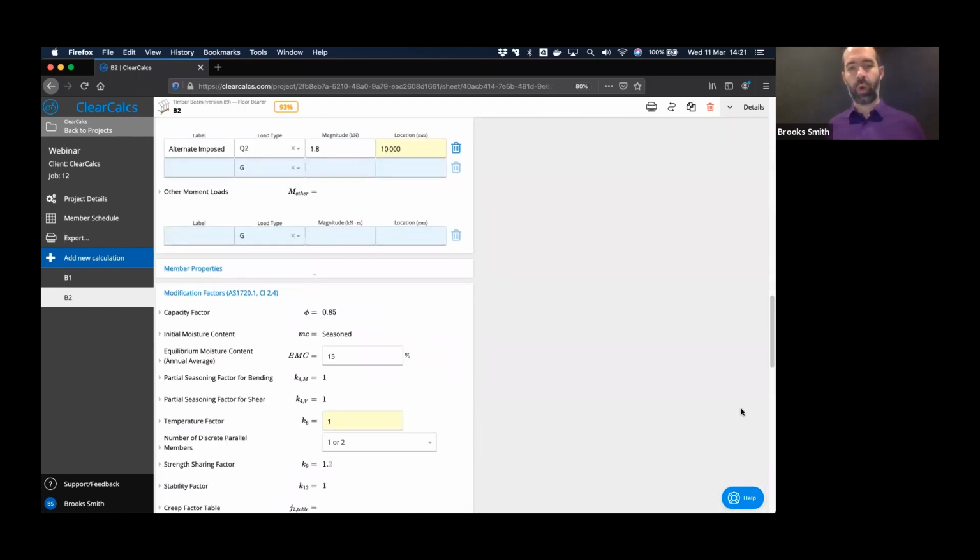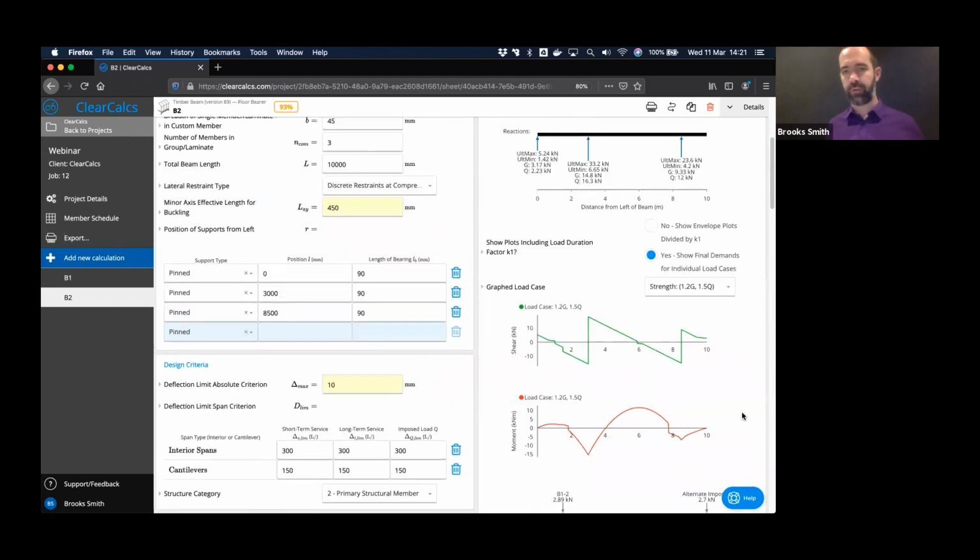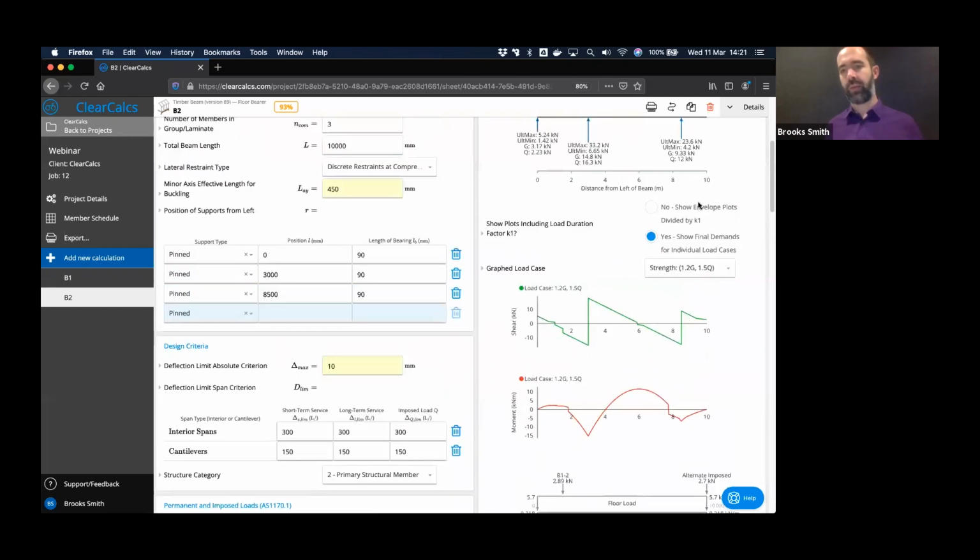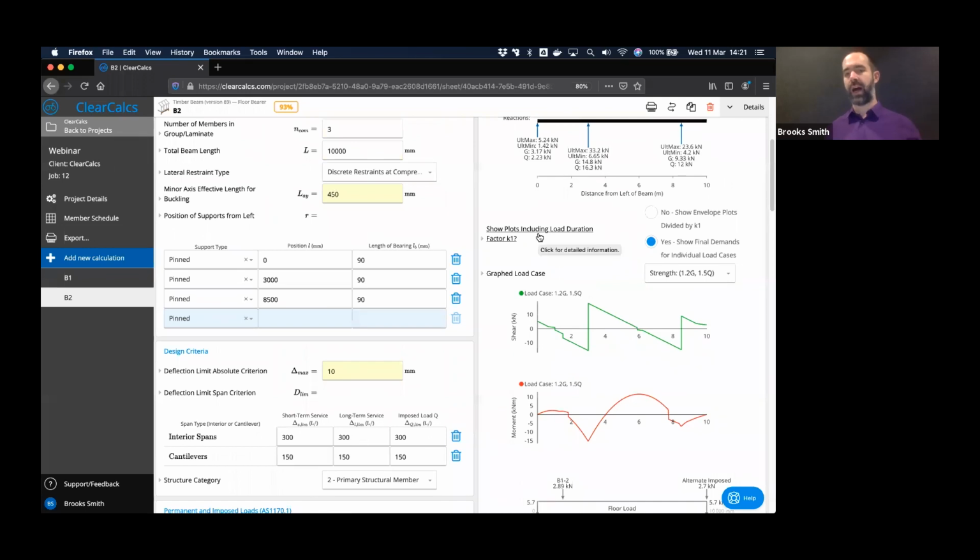One other thing I will point to is that we give you the option of showing plots including or excluding that K1 factor. By default now, we are including the K1 factor, which is showing you the final demands that you would compare with the final capacity, including the K1 factor.